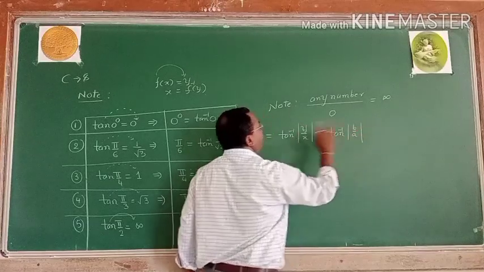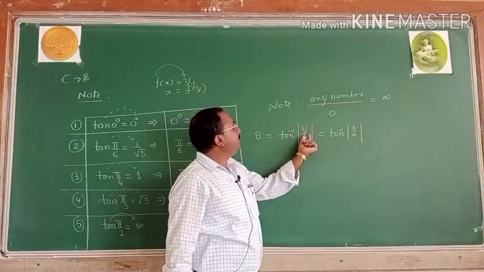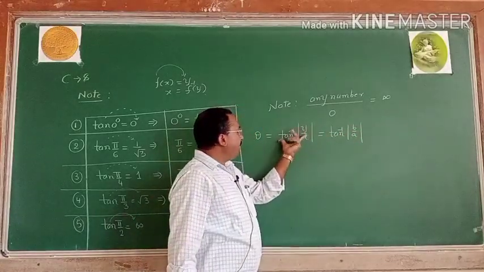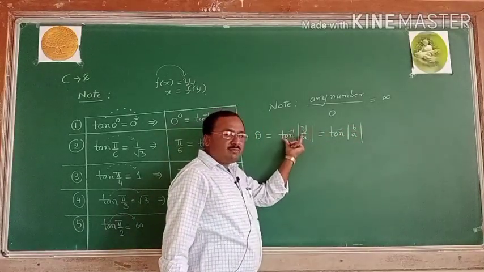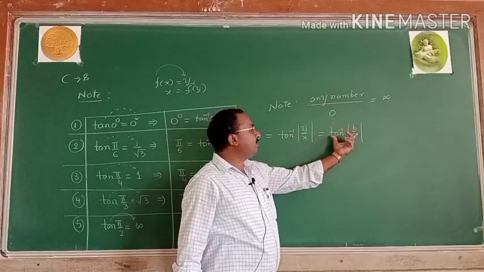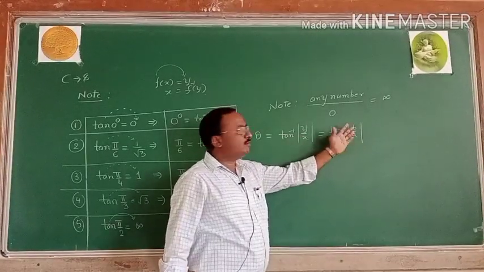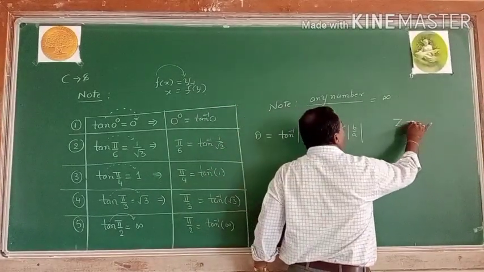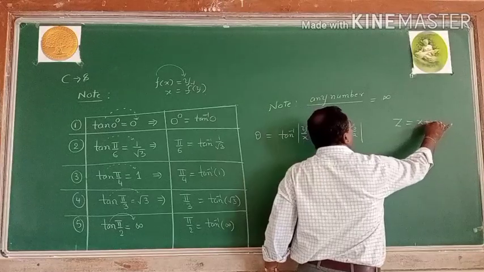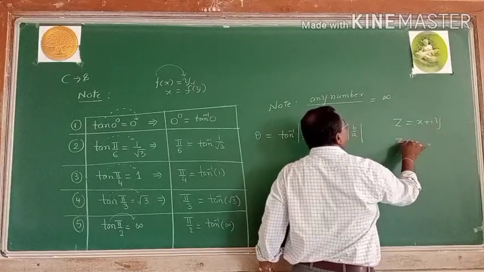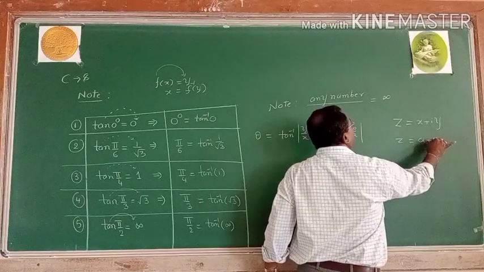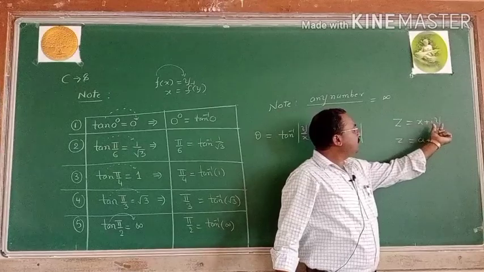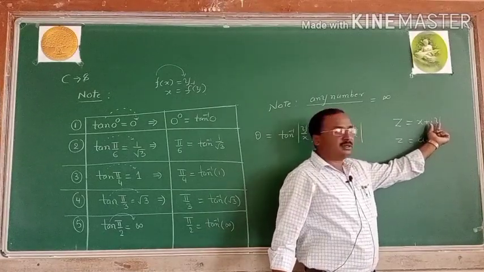Here this is the imaginary part, this is the real part. In your print notes it is in the form of b by a; both mean the same. Z is defined in the form of x plus iy, or z is defined in the form of a plus ib. Both mean the same. Keep in your mind, x is the real part, y is the imaginary part.